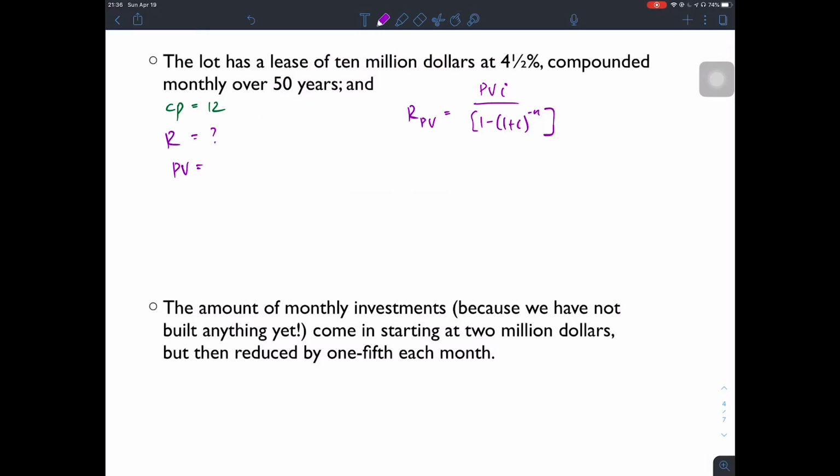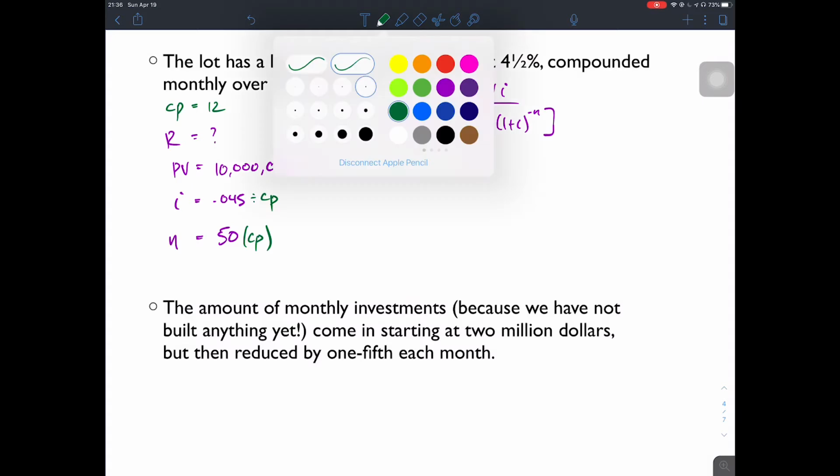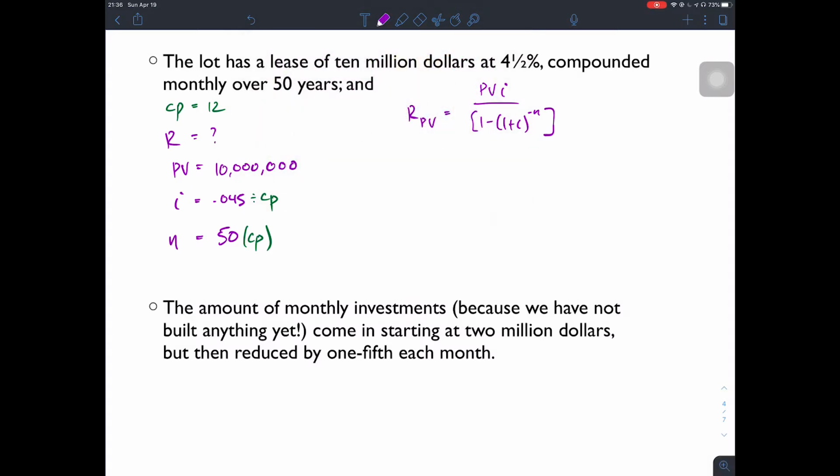The important part is to realize that the interest rate, as well as the time period here, both require the compound period interacting. In other words, they apply to both the interest rate and the time in order to achieve the correct calculation. Now we can plug in the numbers.